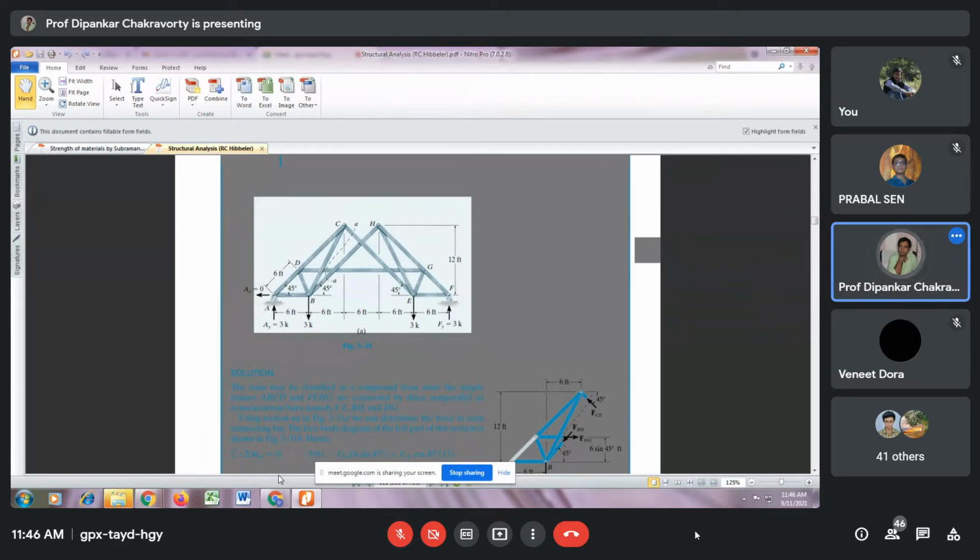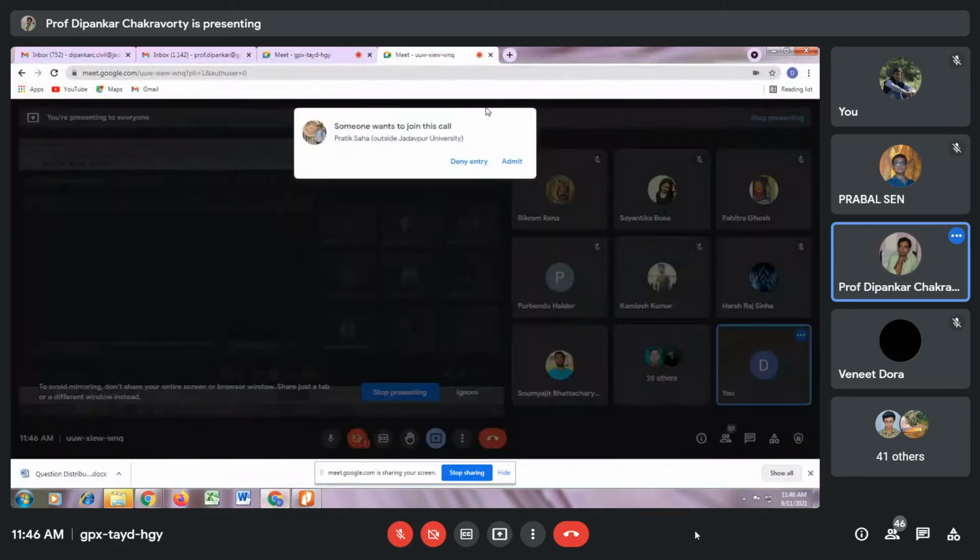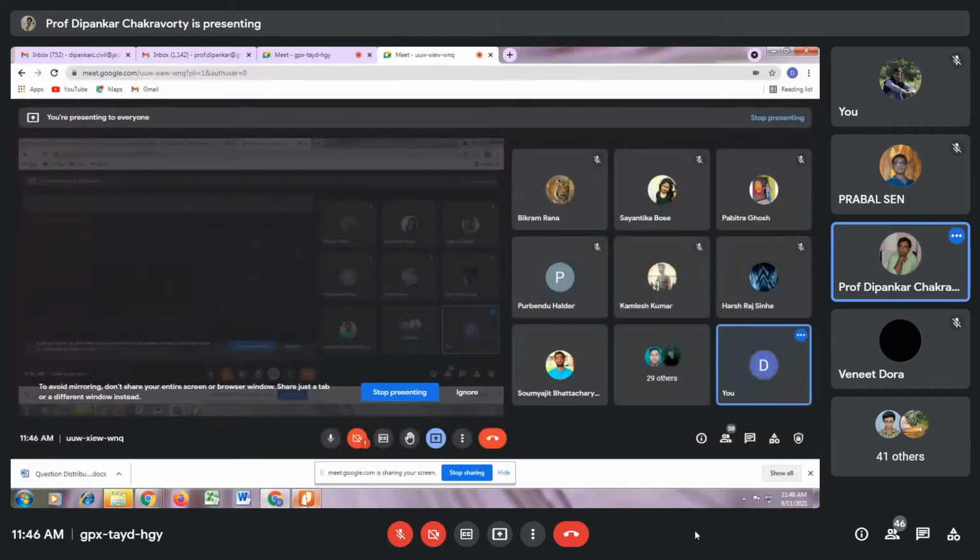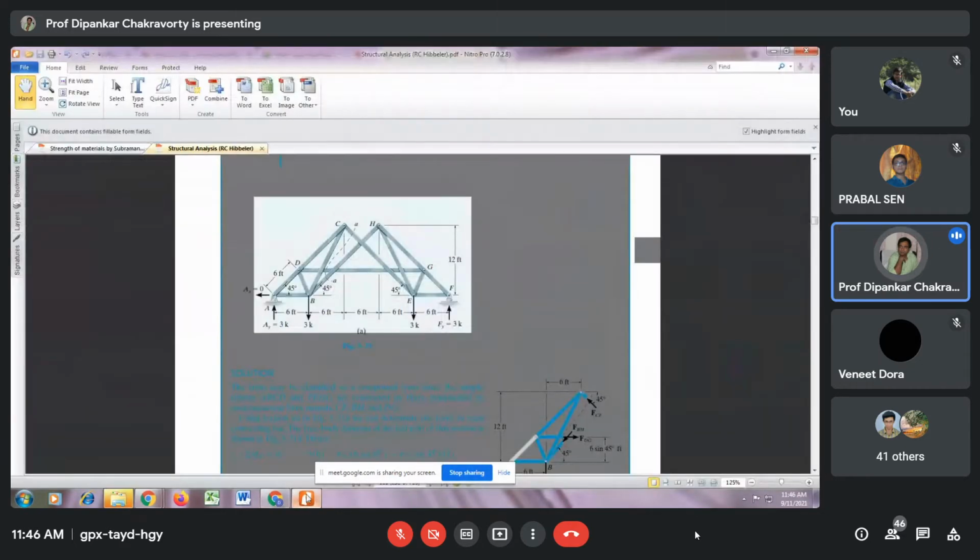Now, to get the total number of unknowns in the truss, you have to count the total number of members and the total number of reactions, because the member forces are also unknown. If the number of reactions is denoted by R and the number of members by M, then M plus R is the number of unknowns.